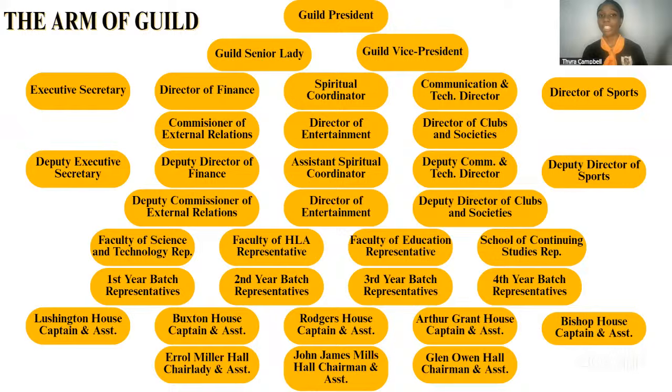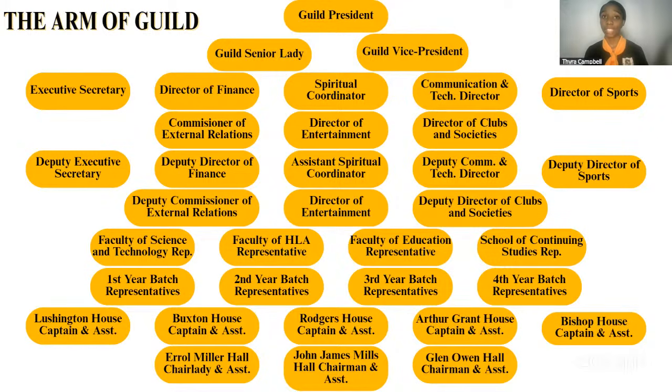Now let's continue to look at the arm of the Guild. We mentioned earlier the Guild President, who is supported by the two vice presidents, and alongside these persons is the Executive Secretary. The Executive Secretary is responsible for handling correspondence for smooth operations within the Guild, among other responsibilities. The Director of Finance oversees the budgeting, accounting, and financial reporting to ensure that there is proper fund management.